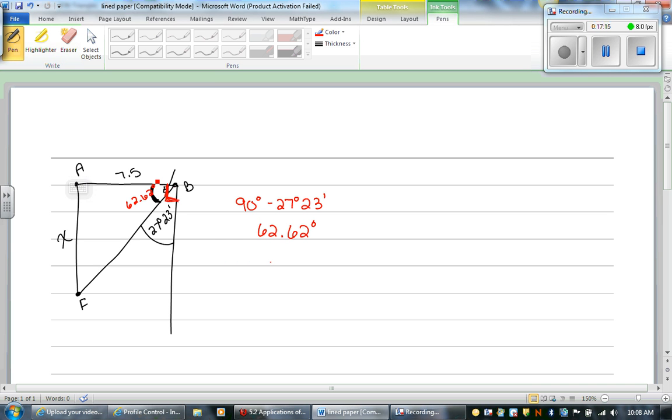Okay, so now we're using our basic right triangle trig. We're dealing with sides opposite and adjacent, which is going to tell me to use tangent. So we're doing tangent of 62.62 equals opposite over adjacent. And go ahead and multiply.